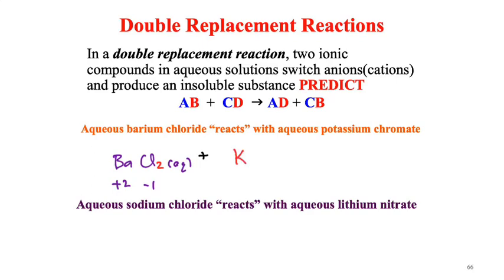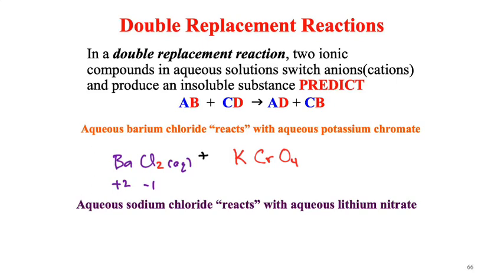K, CrO4. How many of you know chromate is CrO4? How many of you know what its charge is? How many of you need to know that by the exam on Thursday? Probably all of them. That was a trick question.